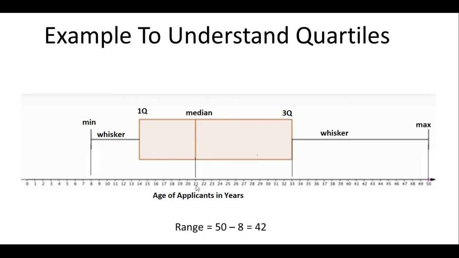So now we have the minimum age and maximum age, and that's why we have a range of ages. We have people within a range of 42, right? This is the range of ages that we have here.